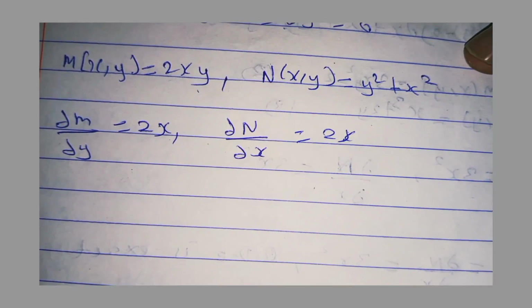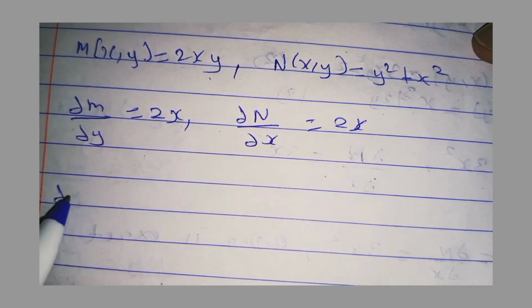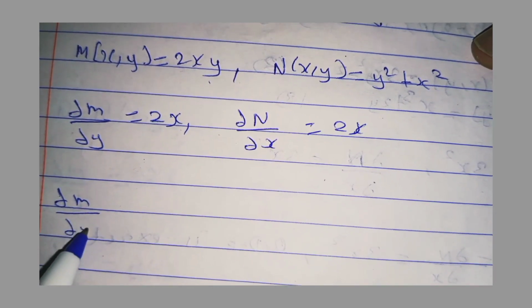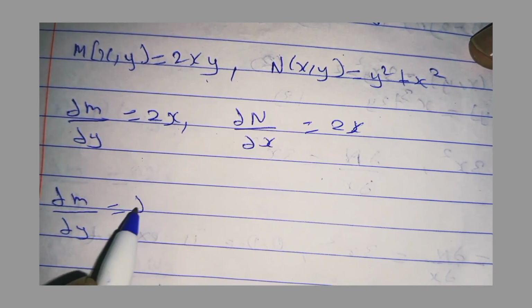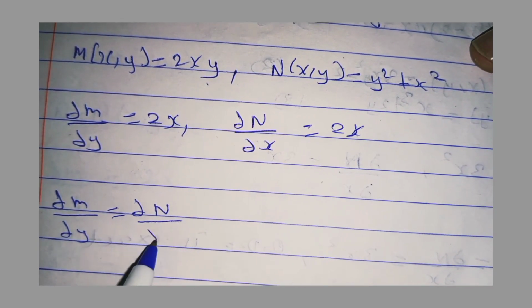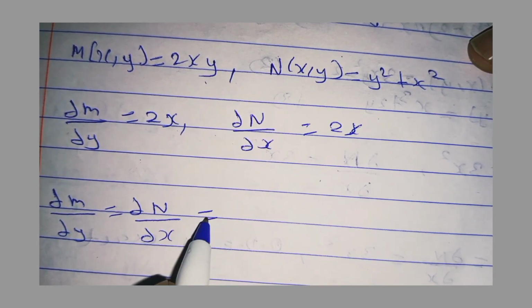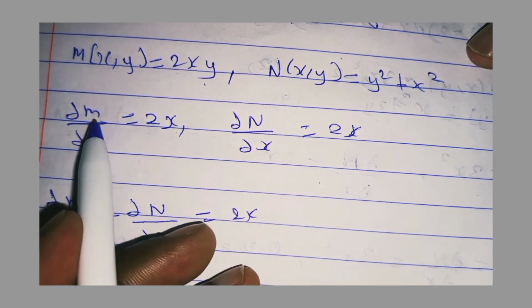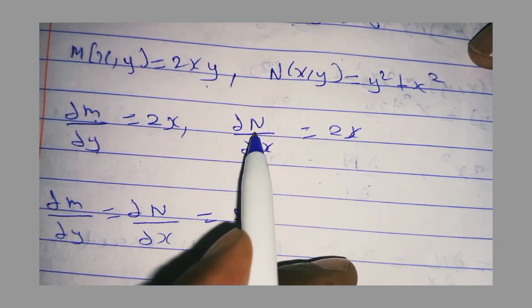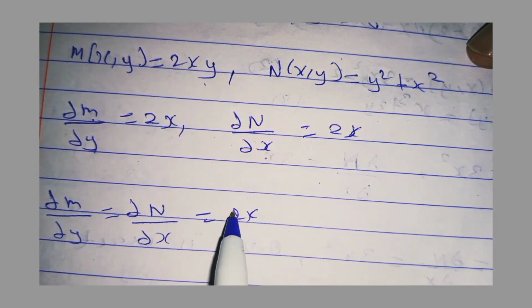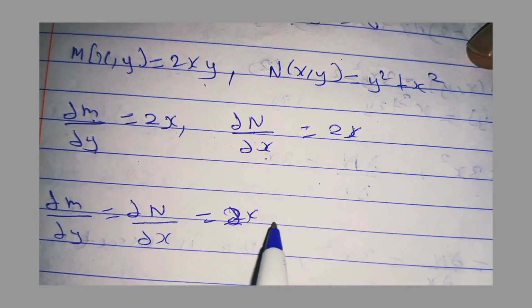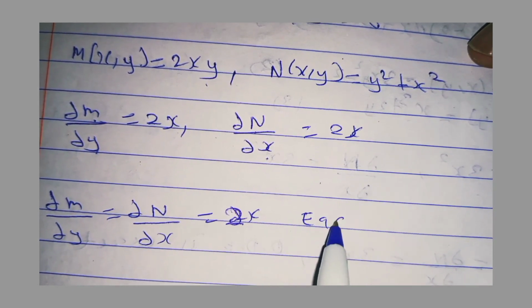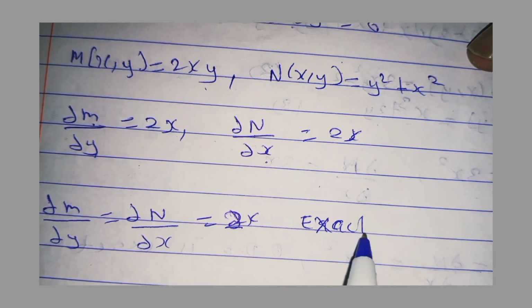Then you check whether the partial derivative of M with respect to y is equal to the partial derivative of N with respect to x. In our case, both are equal to 2x. So meaning that our given equation is exact.